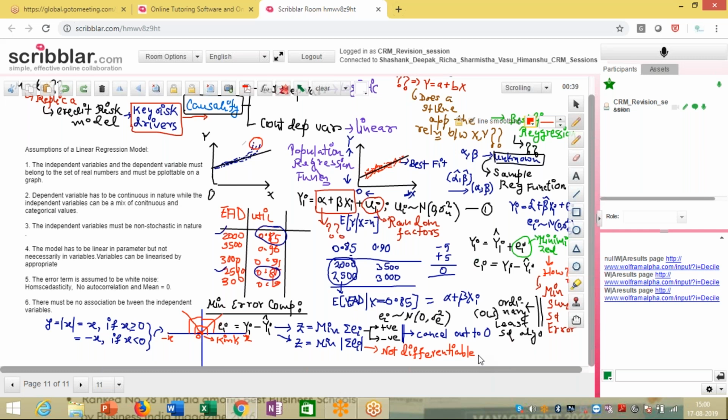So the third thing, now the challenge is we need to take care of the signs as well as the differentiability of the functions.